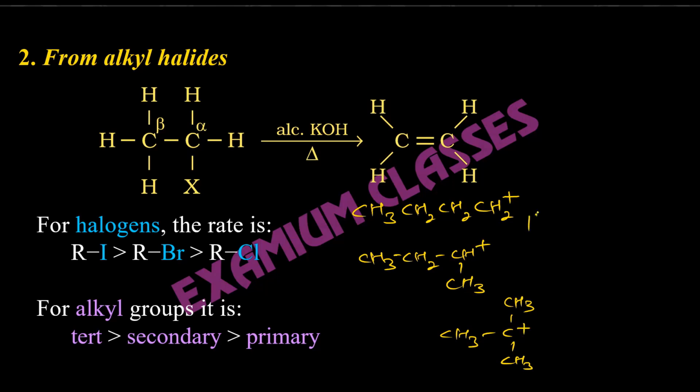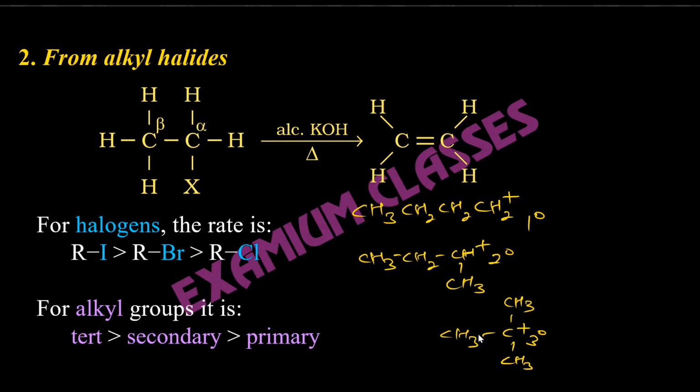This will be a 1 degree cation. This will be a 2 degree carbocation because the carbon which has positive charge is attached to 2 carbons. And this is a 3 degree carbocation because the carbon which has positive charge is connected to 3 carbons. And we know which carbocation is most stable.